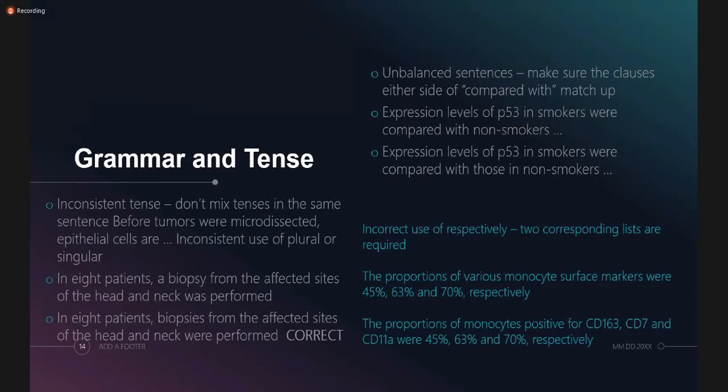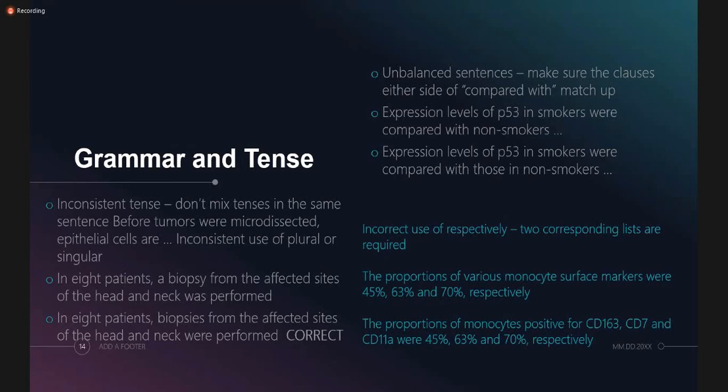Grammar and tense. I hope you are well versed, maybe better than myself, in the grammar and tense thing. You need to keep your voice active. Active voice is preferred. So your voice would be active voice, and your tense would be dependent on what section you are writing.